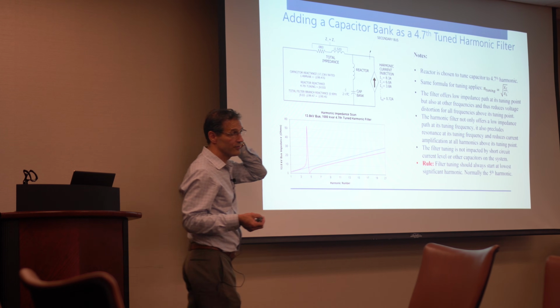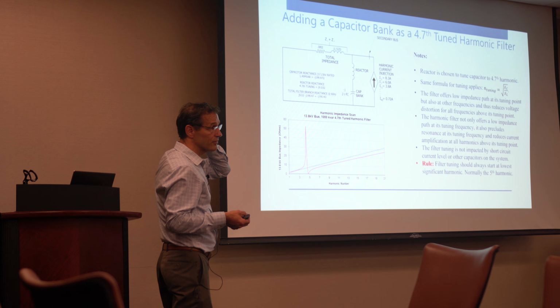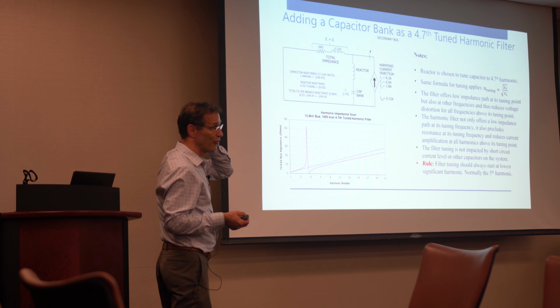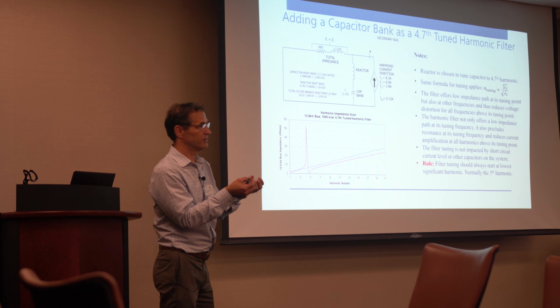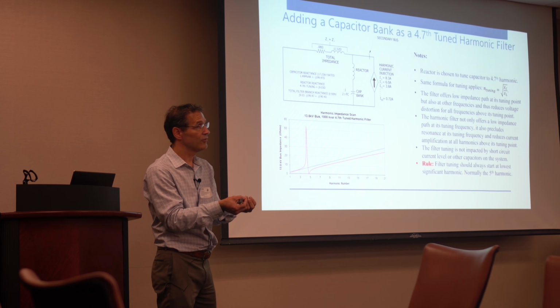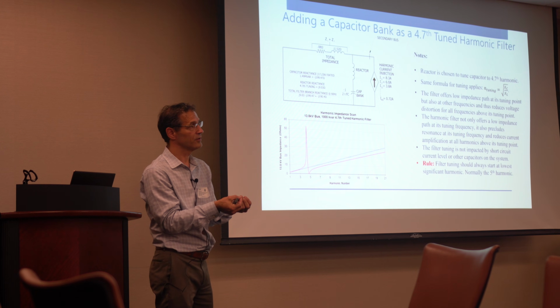Capacitor is 0.05 watts per kVAR. So very low resistance. So if you tune a filter right to the fifth, I can basically take in almost all the harmonic current that a drive can put out.